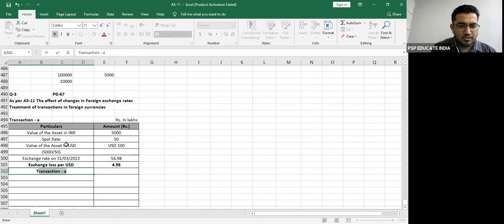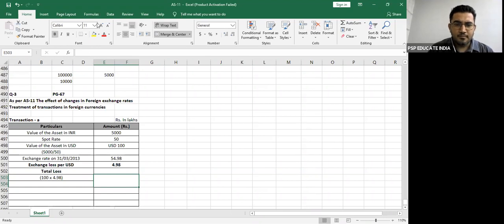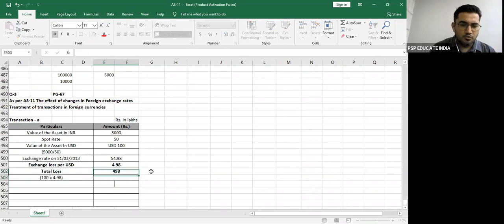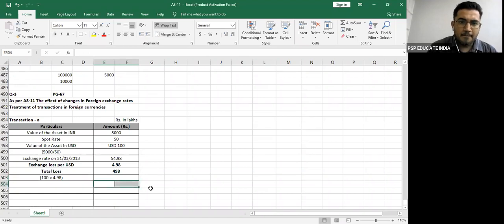Your total loss will be 100 US dollars into 4.98, which comes to 498 lakhs. 498 lakhs is your total loss.